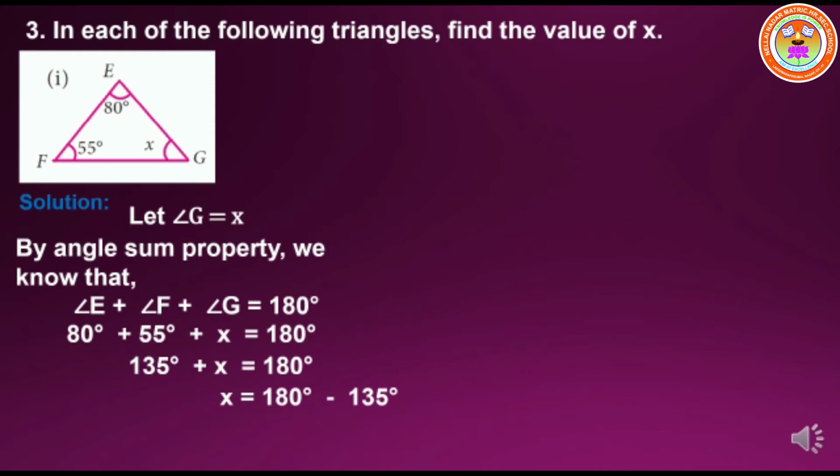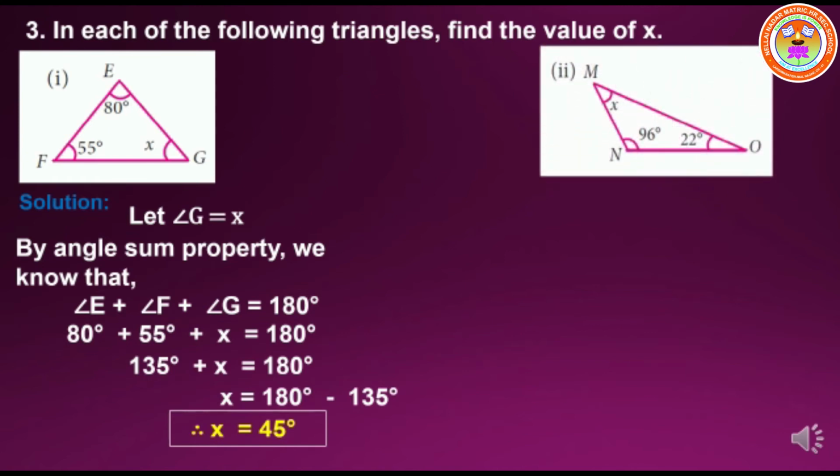Now we are going to subtract 180 and 135 degrees. On subtracting 180 and 135, what is the value we get? We get the value of x equal to 45 degrees. Understood, children?